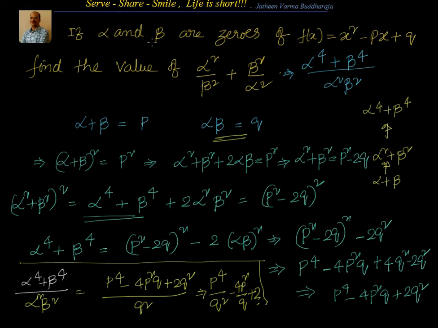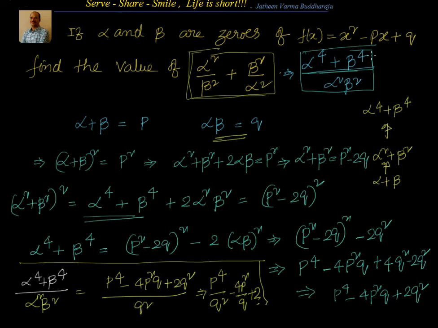So we have been given alpha and beta are the zeros of the polynomial x square minus px plus q. We have to find the value of alpha square by beta square plus beta square by alpha square. We simplified and found that it's equal to alpha to the power of 4 plus beta to the power of 4 by alpha square beta square.